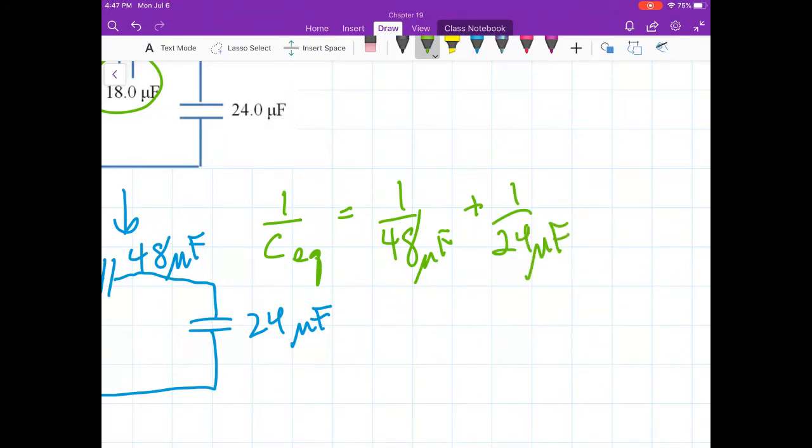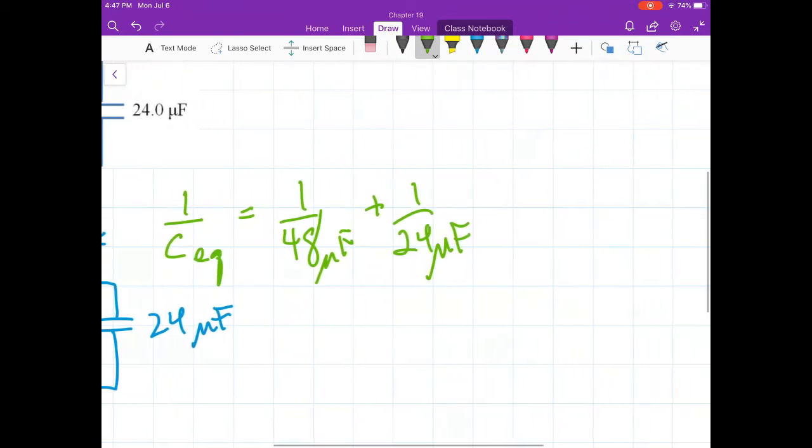Now, you could get out a calculator, but I've set this up so that it's simple enough. I can solve it just using fractions and a common denominator. I'm not saying that when you solve it on a test you should go with fractions; it's simpler to just use decimals, add the two decimals, invert it, etc. But here, that's 1 over 48 microfarad.